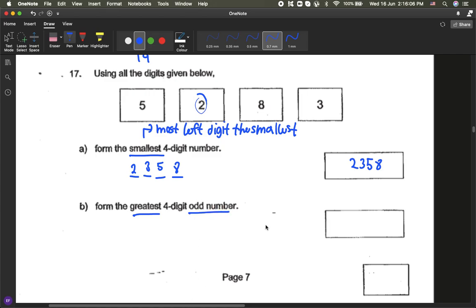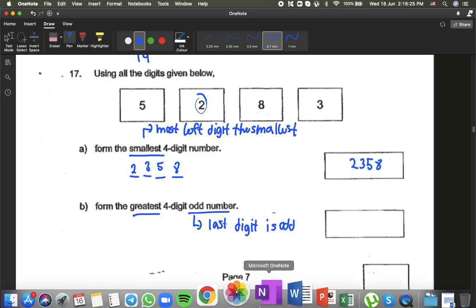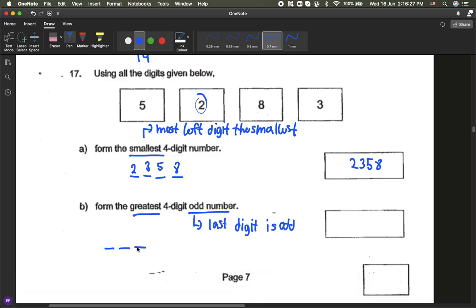Now there are two things we need to take note of. This number has to be the largest, but it also has to be an odd number. So we need to make sure that the last digit is odd. So let me provide the spaces again.